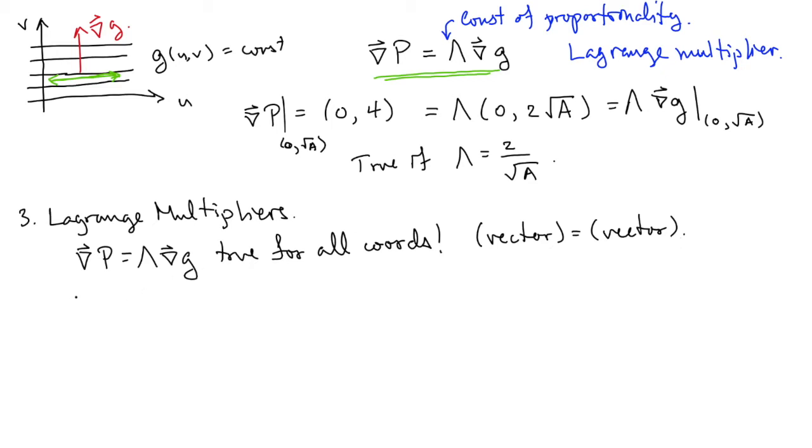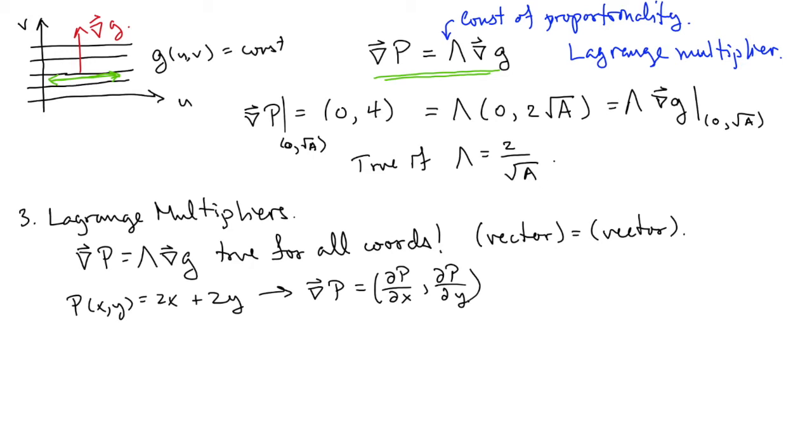We said p of x and y is equal to 2x plus 2y. So the gradient of p, which is now (partial p partial x, partial p partial y), since we're doing this in our original coordinates, takes its original coordinate meaning, and that's going to be (2, 2). And our constraint, g of x and y, is equal to xy minus a.